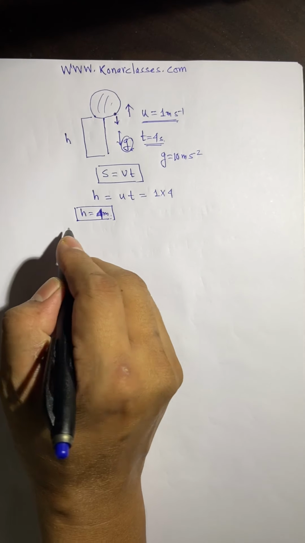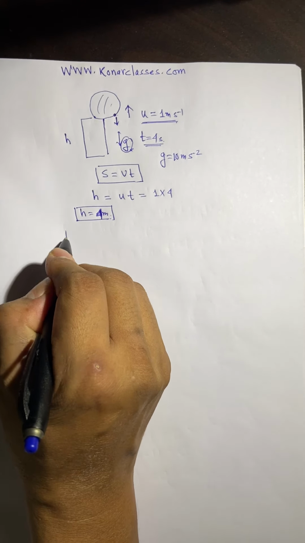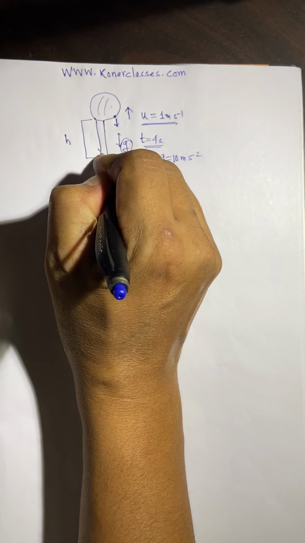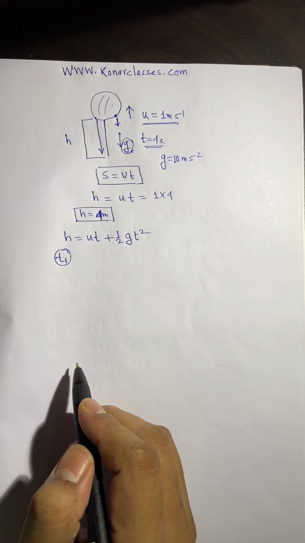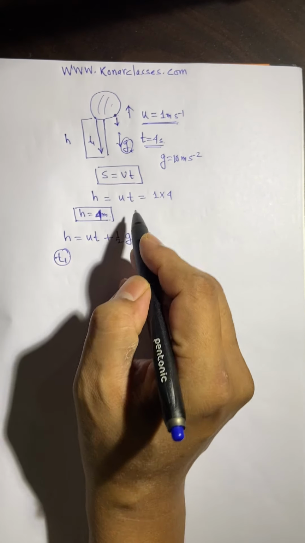So if we use the formula h equal to ut plus half gt square, let's say it takes time t1 to reach the ground, so the particle will fall downwards and it will take time t1 to reach the ground.